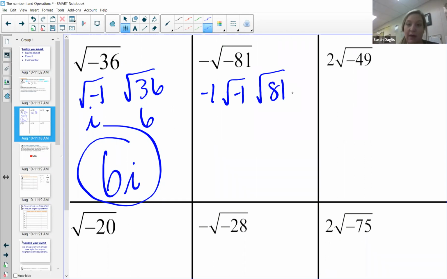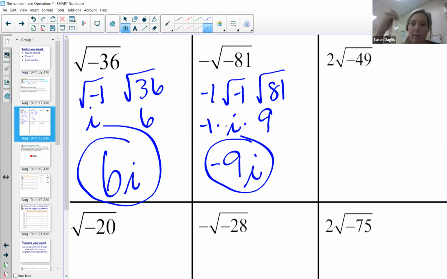The square root of -1 gives us our i, our imaginary number. And the square root of 81 is 9. When we put all these together, we're multiplying them, right? -1 times 9 is -9, and then i.